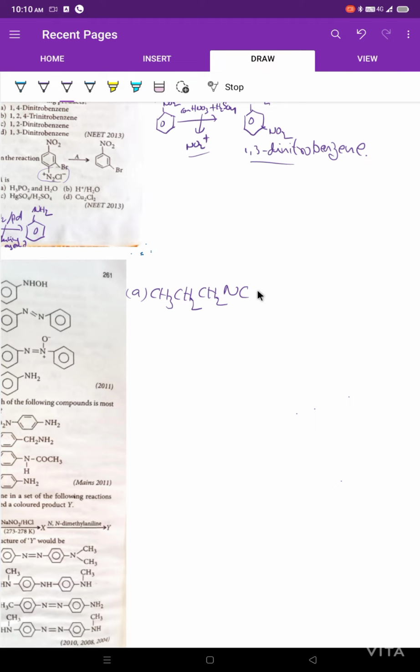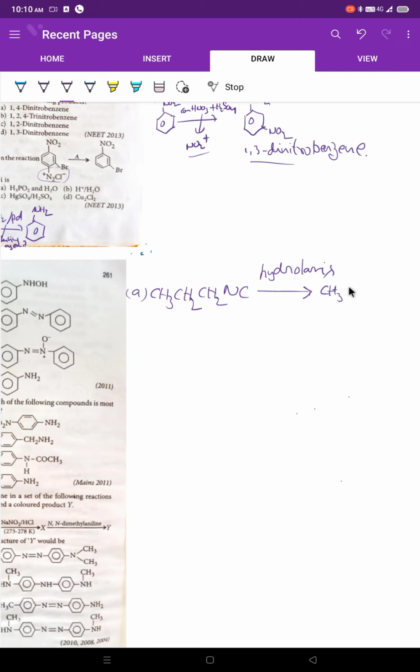On hydrolysis, the isocyanide is converted into an amine and a carboxylic acid, HCOOH.